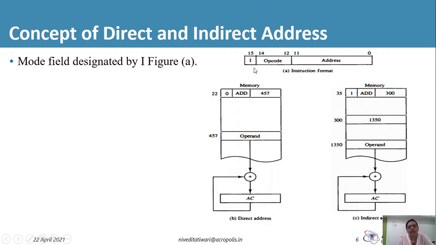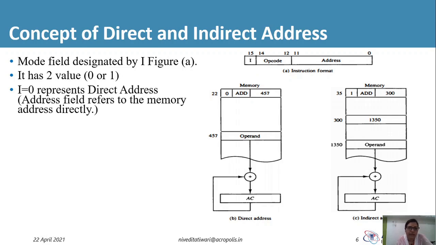So here the mode bit field has basically two values. Computer instructions are basically operated on binary numbers. So here two values are available for this I value, that is 0 or 1. When I represents 0, it represents the direct address of the memory, the concept of direct memory.